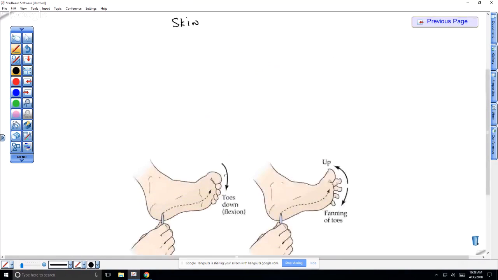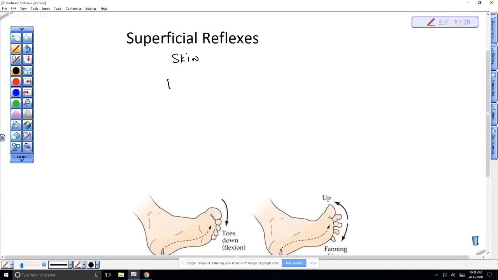Okay, so actually this would be the plantar reflex. This is on the sole of the foot, or the bottom of the foot. You stroke the skin there in this way, going from the heel towards the toes. If you do that, your toes should curl in. So the normal response is that the toes curl in.